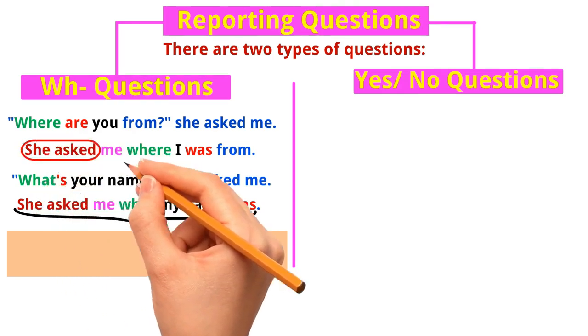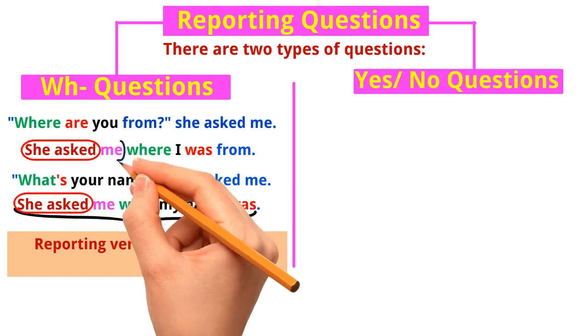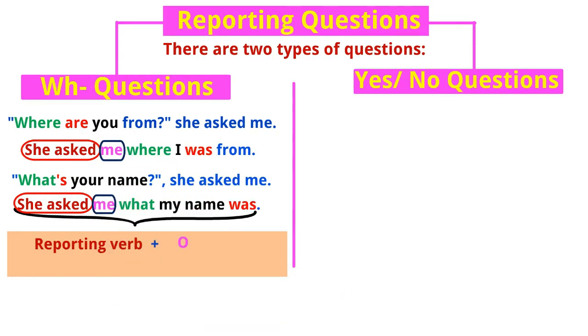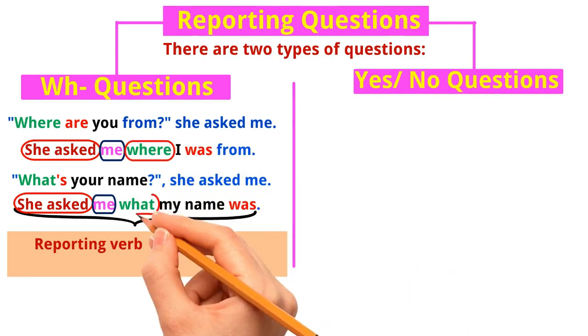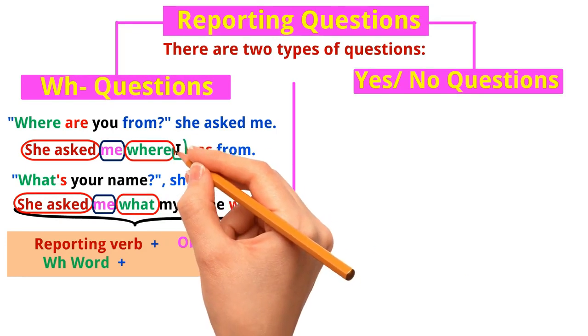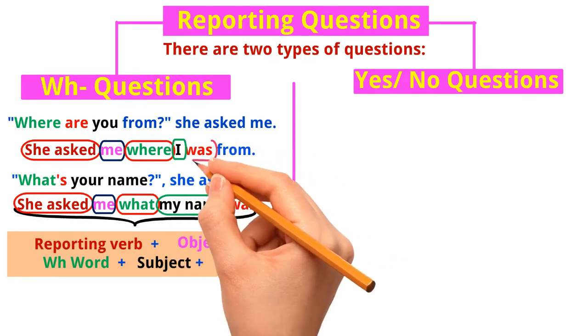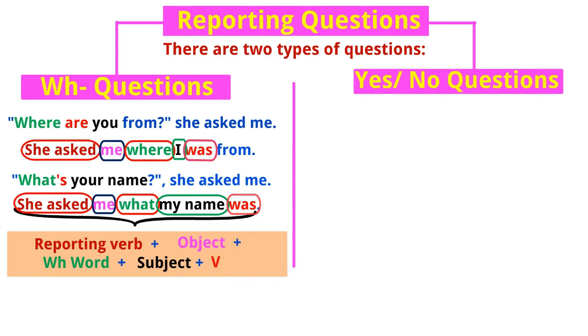We have here she asked, this is reporting verb, plus me, which is object, plus where or what, which is WH word. Then we have I, my name, which is subject, plus was, which is verb. The rule of WH questions in reported speech is reporting verb plus object plus WH word plus subject plus verb.